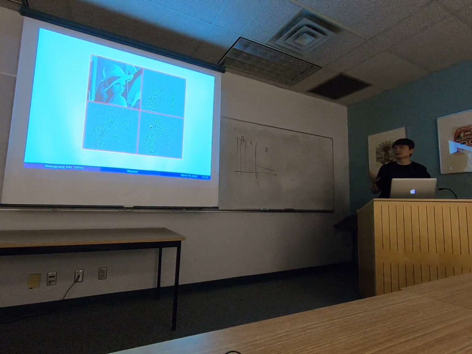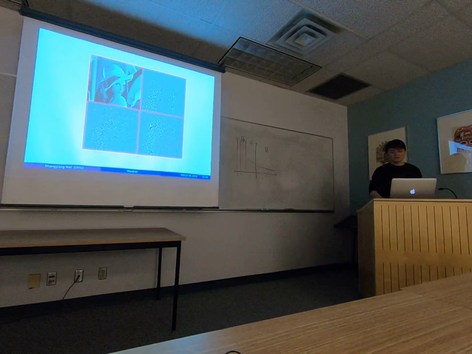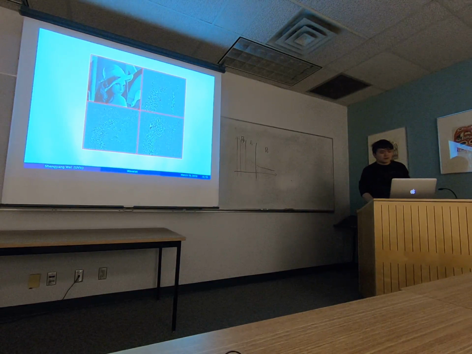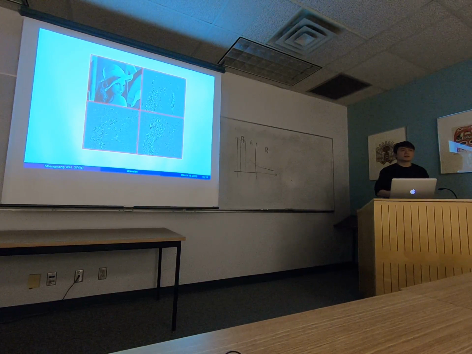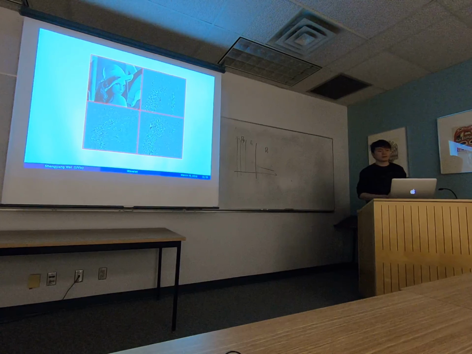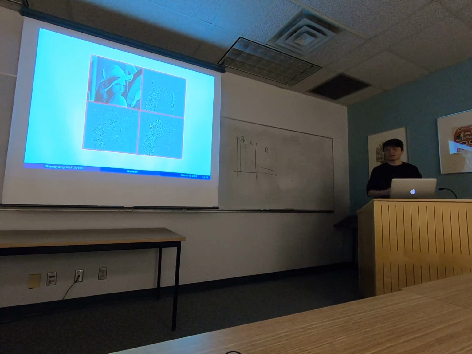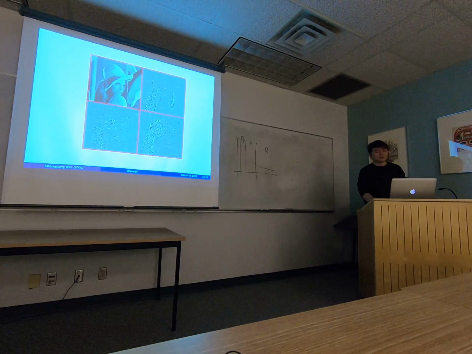So that's an example of a 2D wavelet transform. A similar structure can also apply to 3D information, but it becomes much more complicated, so I didn't show it here.